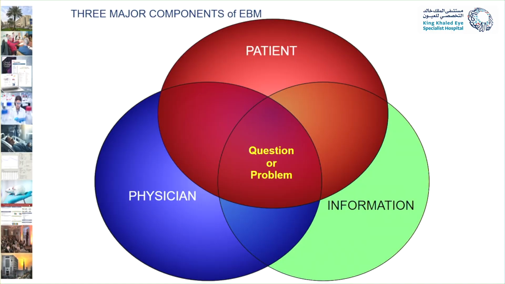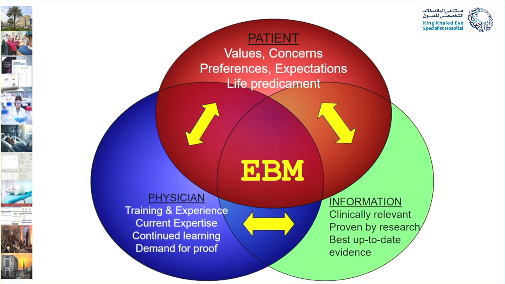There are three components of the evidence base. It's you as a practitioner, pharmacist, nurse, or physician, or any other allied health practitioner, and the patient who will be benefiting from your services. And what you practice on them is based on information that's available in the literature, maybe by experience, by whatever research output that's there. So the information part is the research part. And this is very important to put into context of what we do and what we apply on our patients, because our goal is to achieve the truth, to do what is the best approach and what's the best thing for the patient.